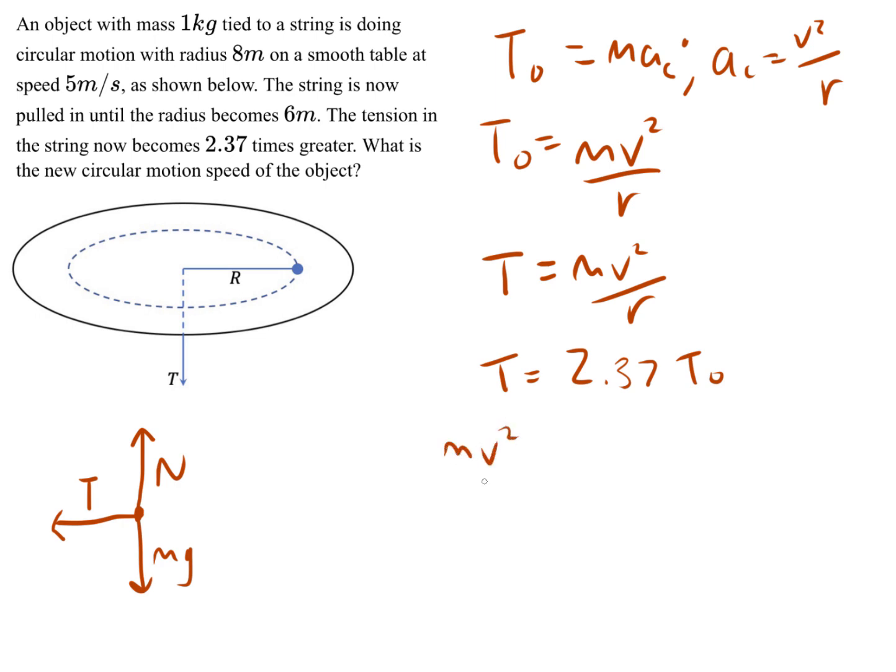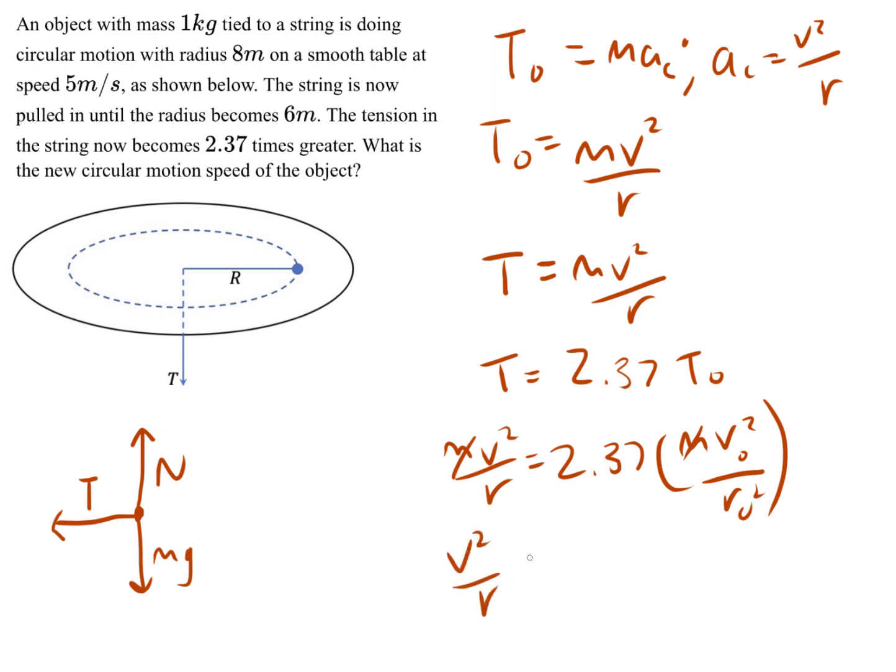Mass times final velocity squared divided by the final radius is equal to 2.37 times mass times the initial velocity squared divided by the initial radius. You notice again that the masses will cancel. So you get that the final velocity squared divided by the final radius is equal to 2.37 times the initial velocity squared divided by the initial radius.